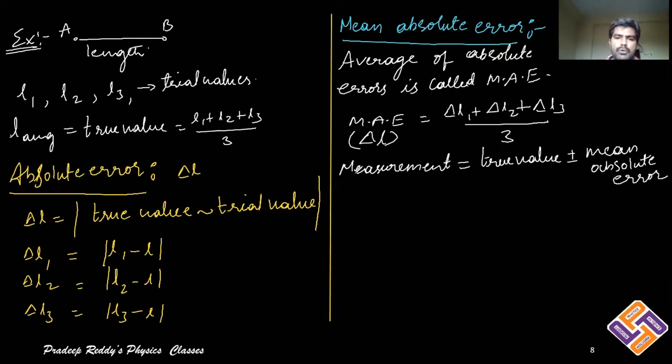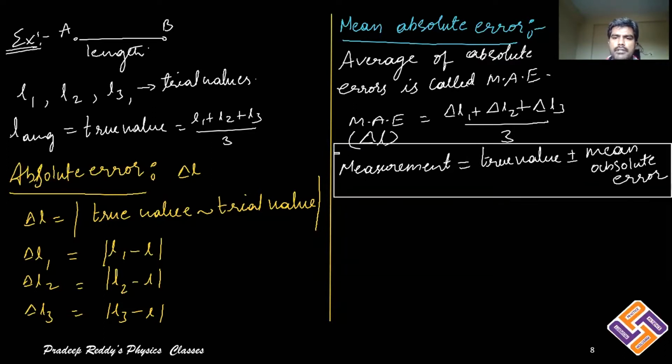Measurement is equal to true value plus or minus mean absolute error. You can even write it in this way also: the measured value or measured physical quantity is equal to true value plus or minus mean absolute error. This is one more thing you need to learn.